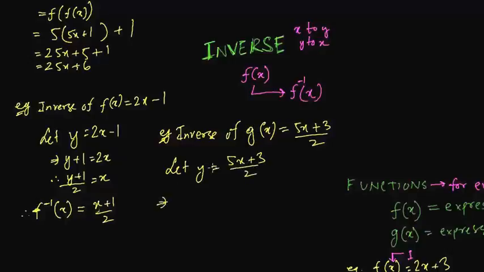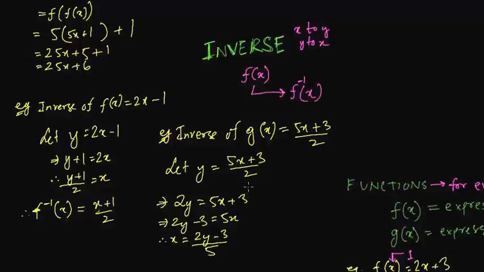Now we have to find x from here. So 2 into y is 2y = 5x + 3. It has to be 2y - 3 = 5x. Therefore x has to be (2y - 3)/5.